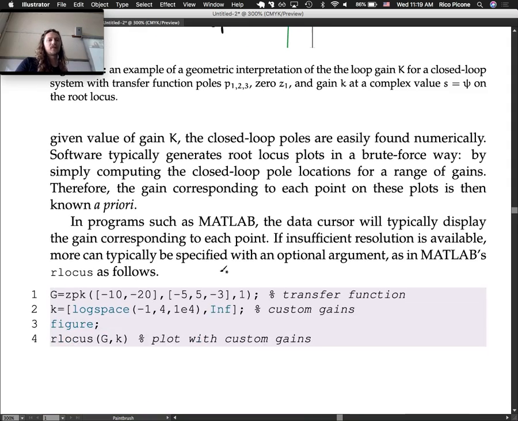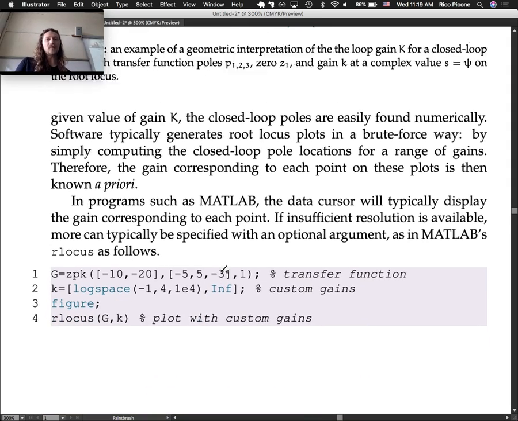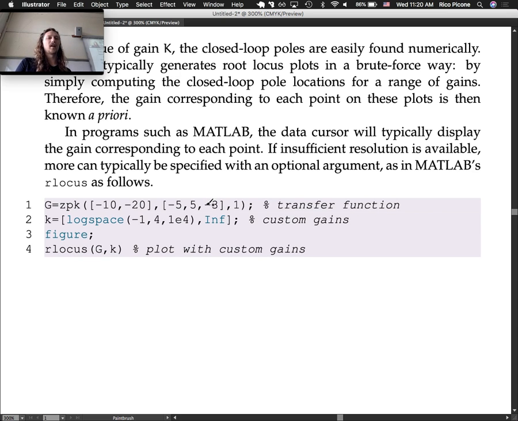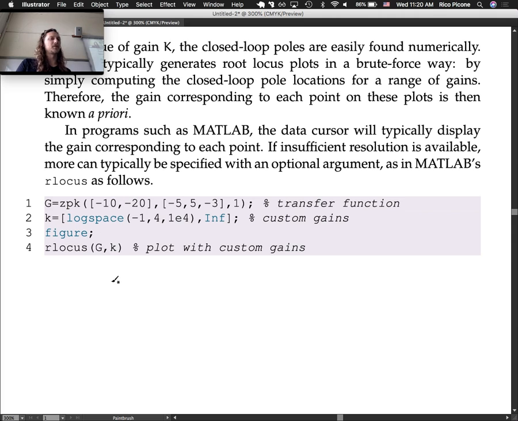And in MATLAB, we already went over this a little bit when we were generating root locus, but I just wanted to reiterate. This is the easy way. So most of the time, this is what you're going to use to find the gain. You have to recognize how to find it analytically or geometrically too.